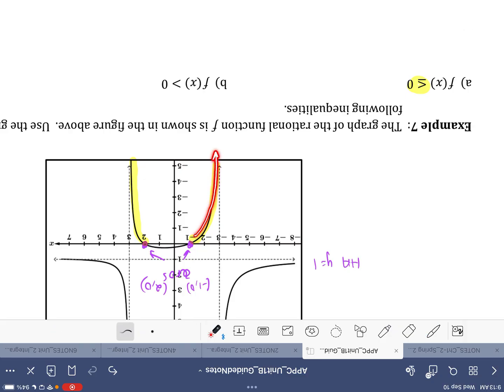What x value is it getting really close to but not crossing? -3. So we have -3 up until the x-intercept of -1. And then pick back up at 2, and then it's approaching the other vertical asymptote at 3. So this is a vertical asymptote, and this is 0. This was a vertical asymptote. This was a 0.